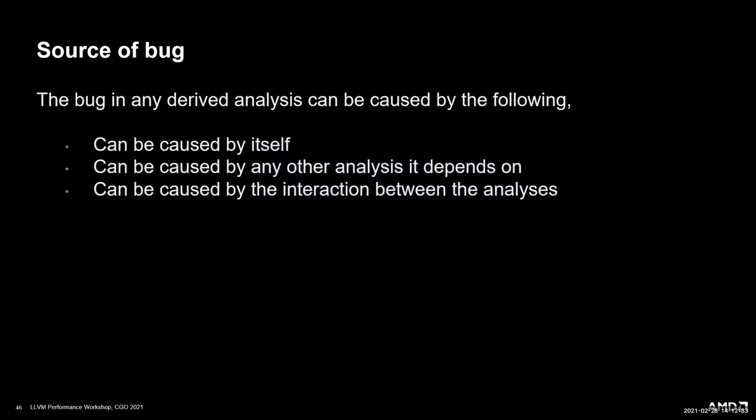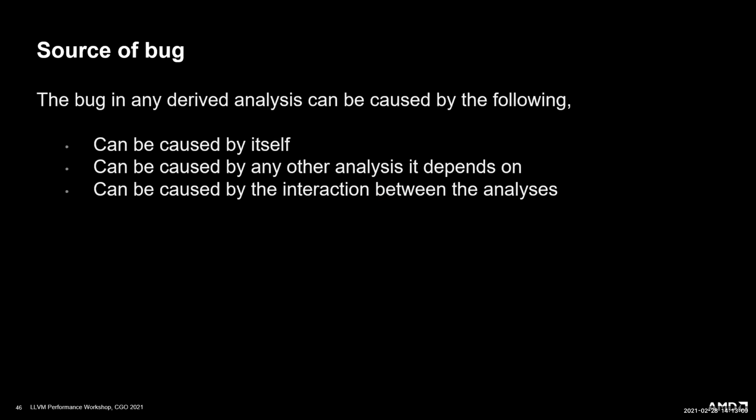So to summarize, for a derived analysis, the bug can be caused by itself, by any other analysis it depends on, or by the interaction between the analyses. If you have noticed, the bugs caused by the interaction and the bugs caused by the other analyses it depends on are all a subset of the bugs that this analysis will expose.